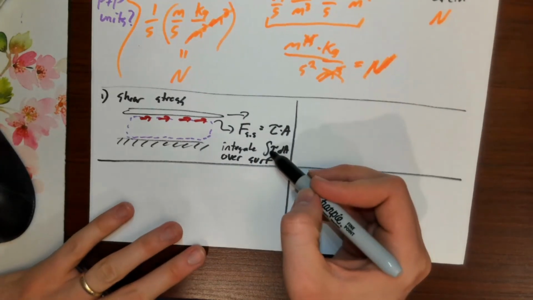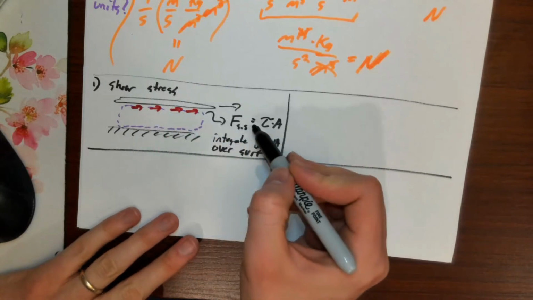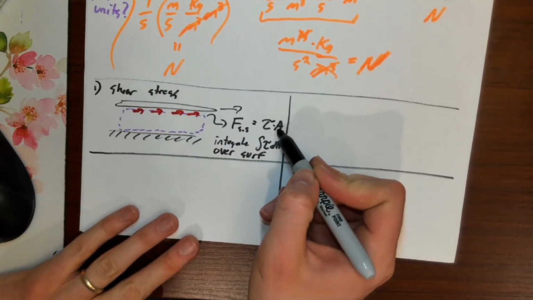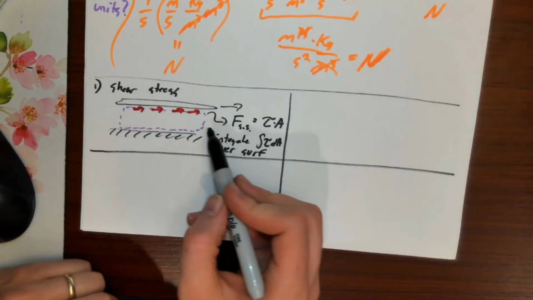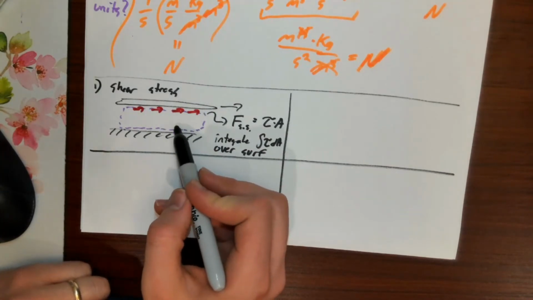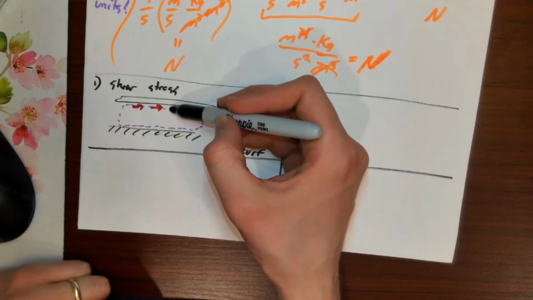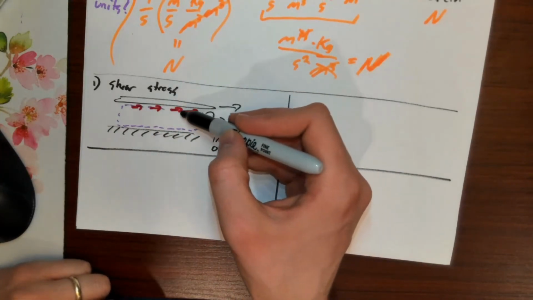So if shear stress is variable, I'm going to need to integrate it. If shear stress is a constant, I can just multiply it by area in order to get the force due to that shear stress. So shear stress can apply external forces to my control volume. If there's shear stress at the surface, that's putting a force on this fluid.